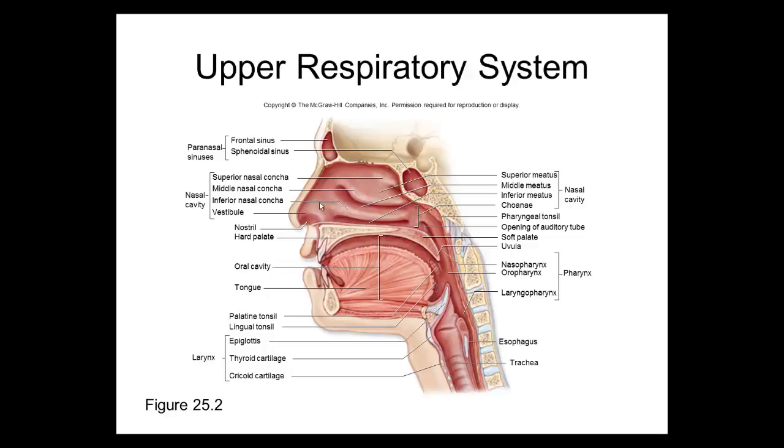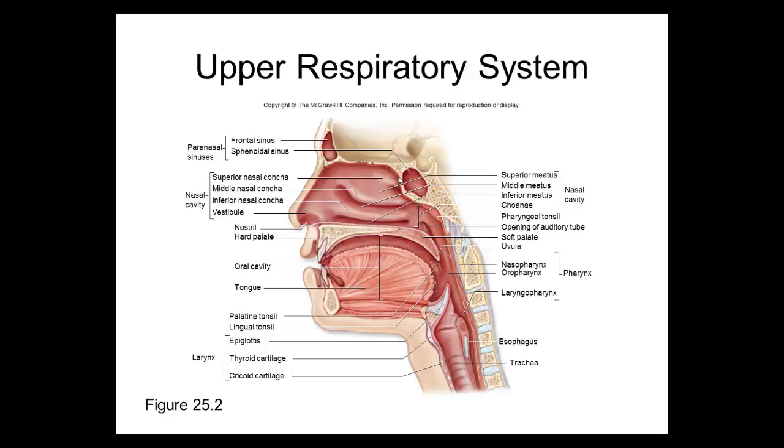The nose is primarily lined with the respiratory epithelium, with the exception of the area around the vestibule, which will be stratified squamous epithelium. And then also we have some hair here that protects against large particles.